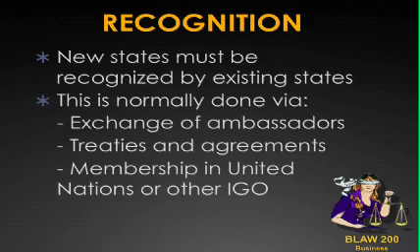And the way, again, that they become a recognized state is that other states extend diplomatic recognition, and they are permitted to join the United Nations and other types of IGOs, intergovernmental organizations, and this gives them legitimacy in the international community.